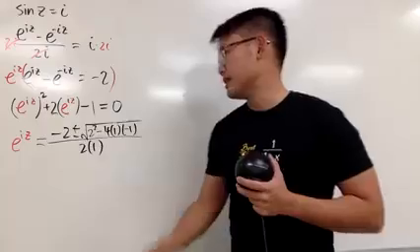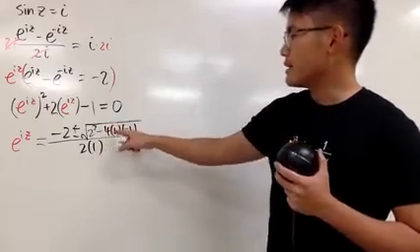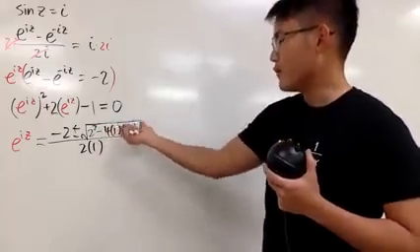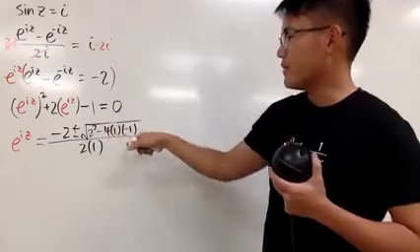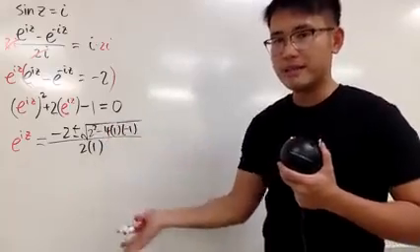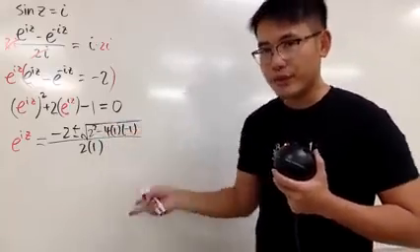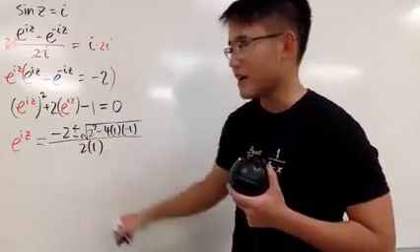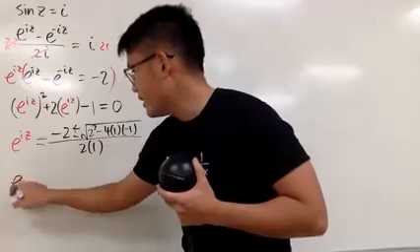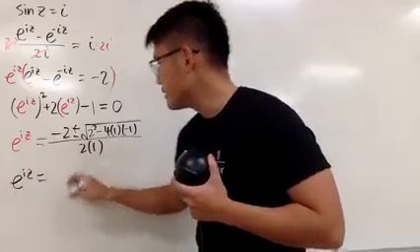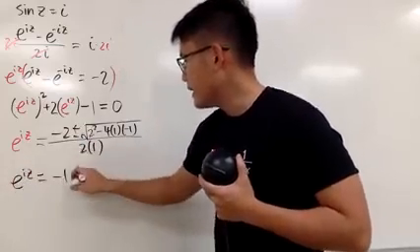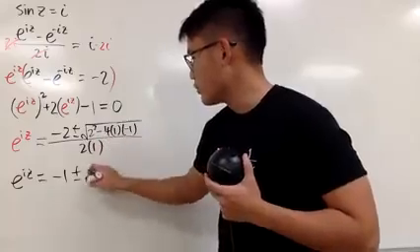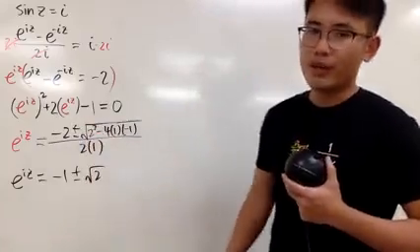Now let's do this in your head. 2 squared is 4, minus this is minus -4, so 4 minus -4, which is 8. Square root of 8 is 2 square root of 2. I have the 2 on the outside. This is a 2. This is also a 2, so we can cancel things out. In other words, right here I get e to the iz equals -1 plus minus just square root of 2 right here because we cancel the 2's already.